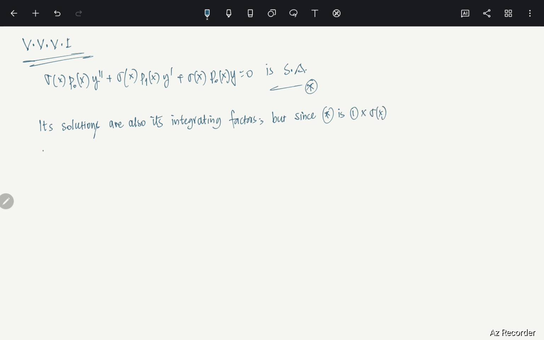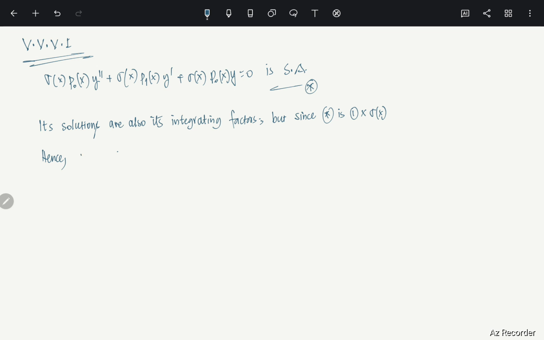That will imply that the solutions of star are the same. One second, by mistake I am writing something. The solutions are integrating factors, that is fine, and star is nothing but sigma x times 1, right? That's what it is.